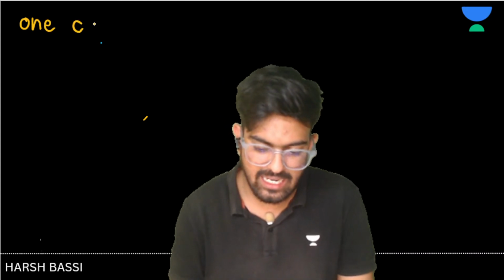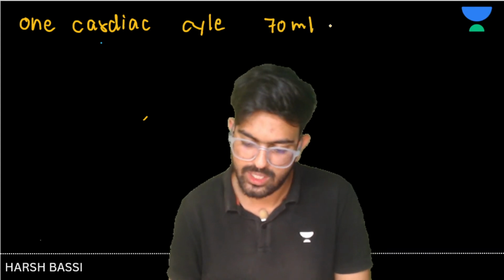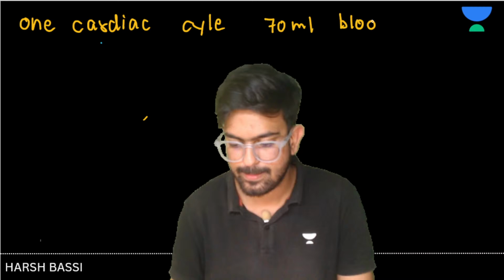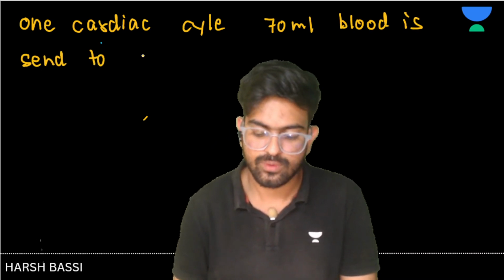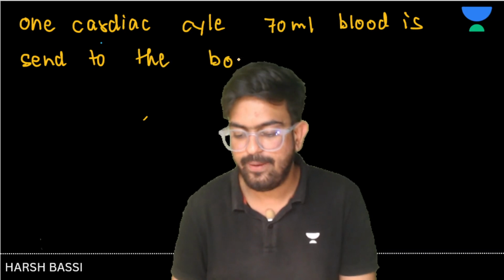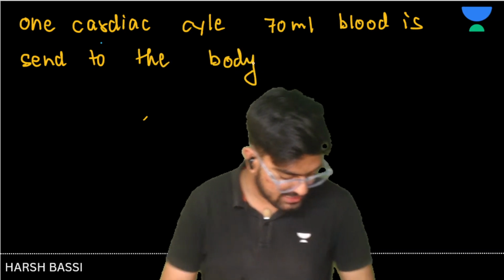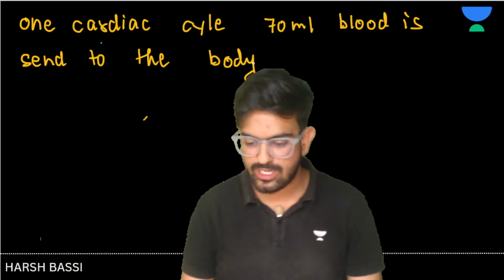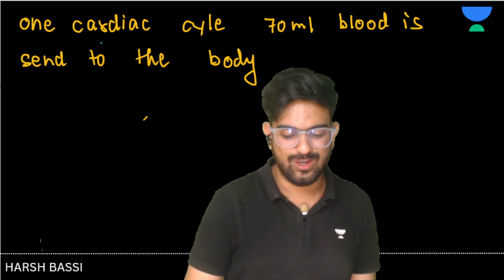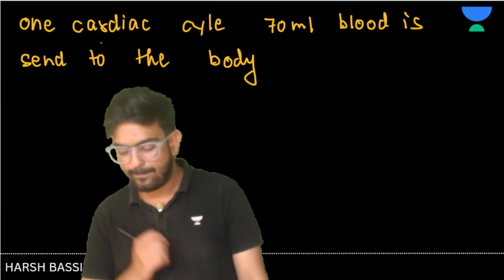Okay, in one cardiac cycle 70 ml blood is sent to the body. Very good बच्चों. तुम्हें तो सारी चीजें आती है. चलो, 70 ml of blood is sent to the body.